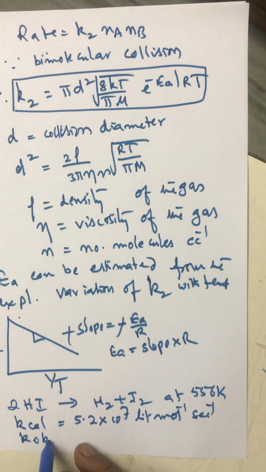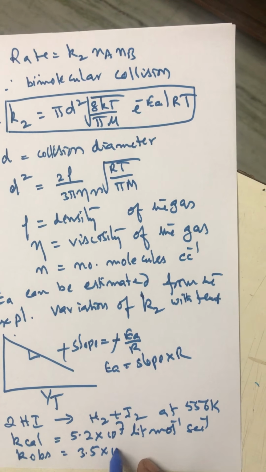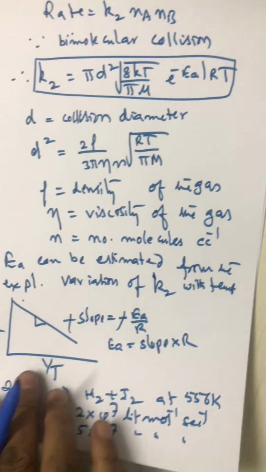Experimental value was found to be 3.5 into 10 power 7. A good agreement with the experiment.